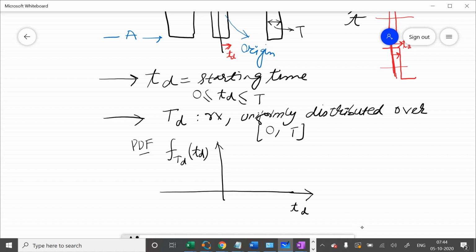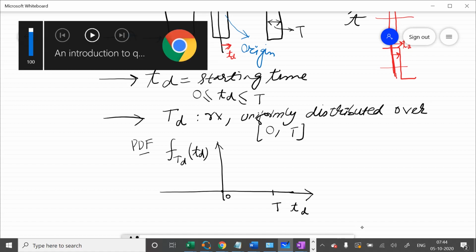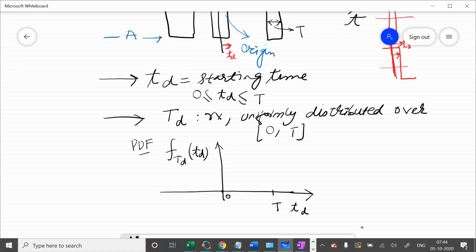It is uniformly distributed between 0 and T, so its probability density function remains constant in this range. The height will be 1 by T, so that the total area is 1. You can write this PDF as f Td of td is 1 over capital T for 0 to T, and 0 otherwise.